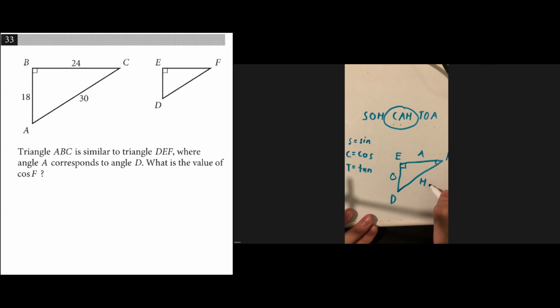And since we're told ABC is similar to DEF, that means that EF corresponds to BC and AC corresponds to DF. So it would just be 24 over 30, because the adjacent would be 24 and the hypotenuse is 30. So 24 over 30, which when simplified gives us 4/5, which is our answer. The answer is 4/5 or 0.8 if you want to use a decimal.